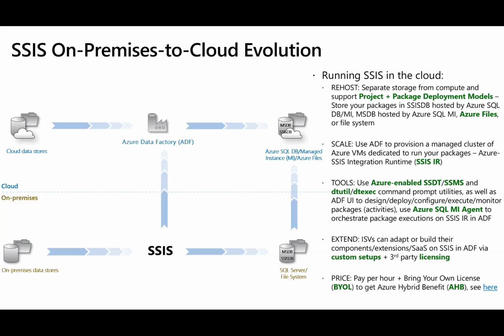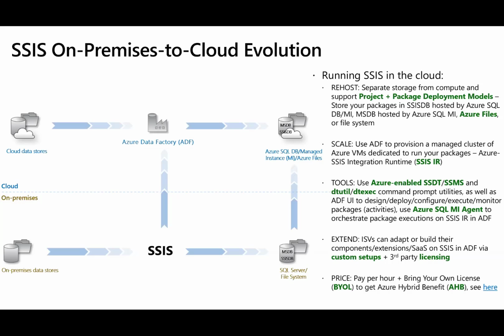So you can connect to your SSISDB catalog in the cloud using SSDT or SSMS. You can test your packages from SSDT. You can even orchestrate your package using a third-party orchestrator, like Control-M or ActiveBatch, by invoking an Azure-enabled dtexec, for example.